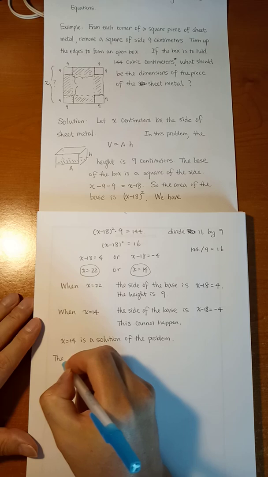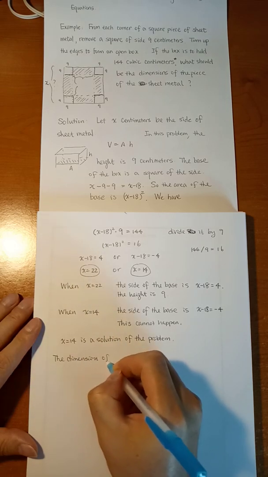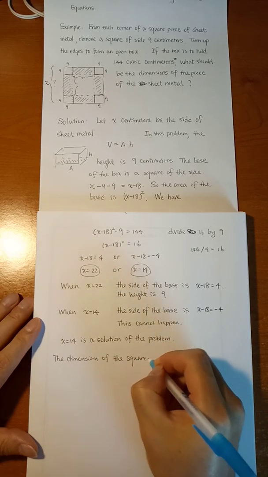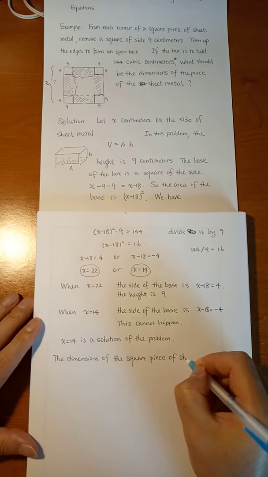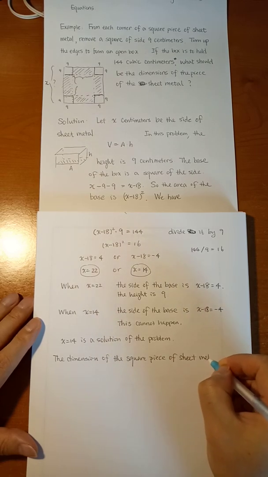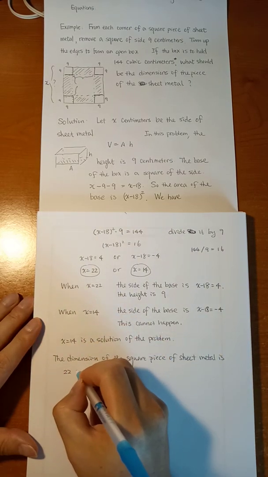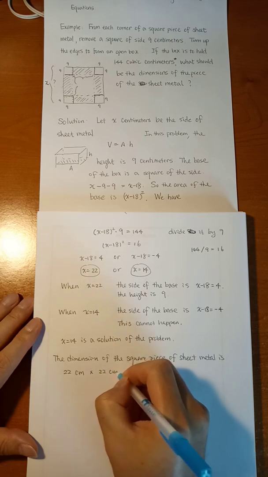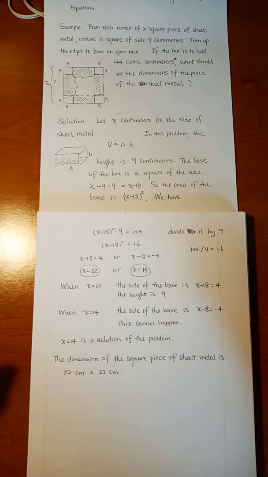So the dimension of the square piece of sheet metal is 22 centimeters by 22 cm. Okay, so that is the dimension. You have the sides, and this is the complete solution.